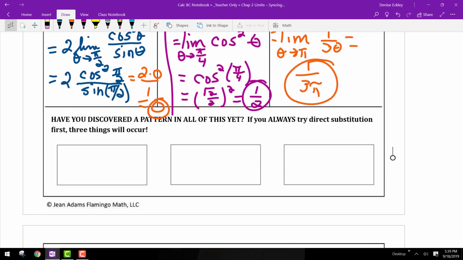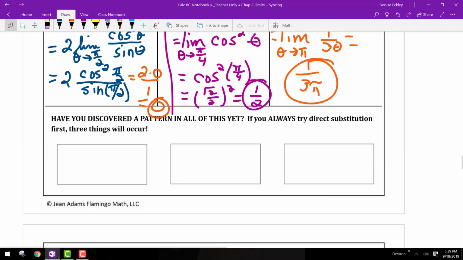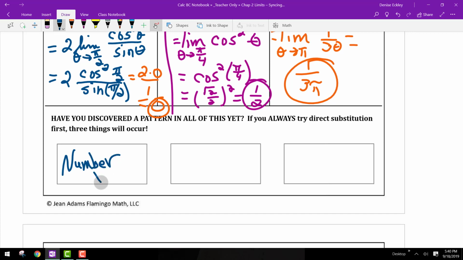Okay, so as you see with all the limits we've done, we usually have 3 outcomes when we do direct substitution. Our best form is that we get a number value. The 2 forms we'd rather not have are a number over 0 or our indeterminate form, 0 over 0.